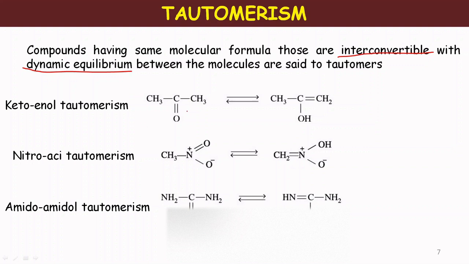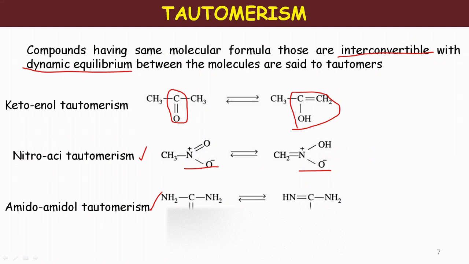See here, ketone and enol are both interconvertible by simple migration of a proton, and there exists a dynamic equilibrium between these two molecules. Hence, ketone and enol are tautomers. This is known as keto-enol tautomerism. Similarly, we also have nitro-aci tautomerism, amido-imidol tautomerism, and so on. So these are all structural isomers.